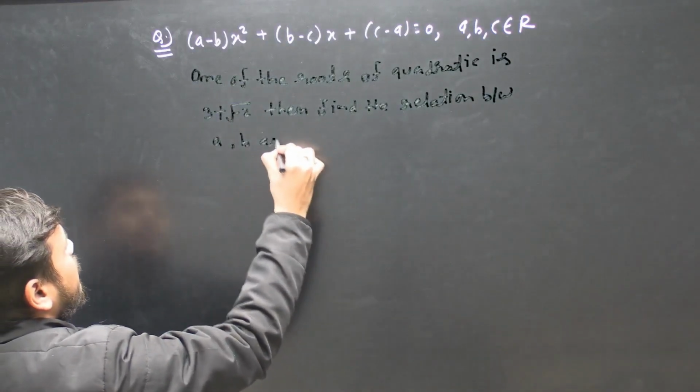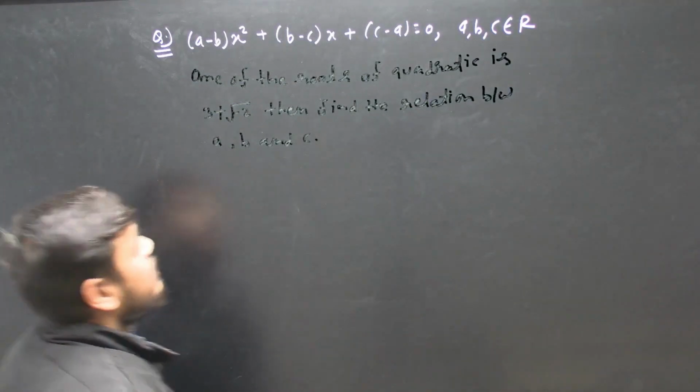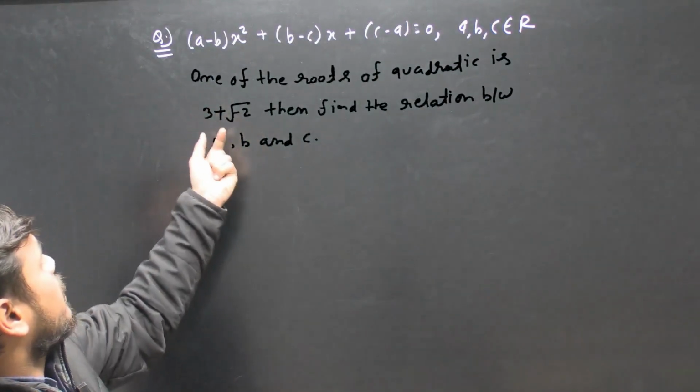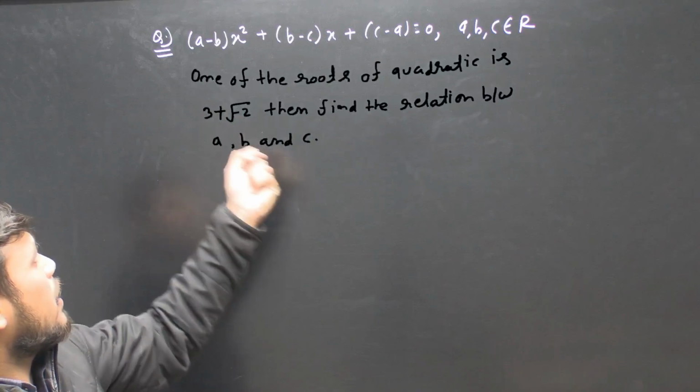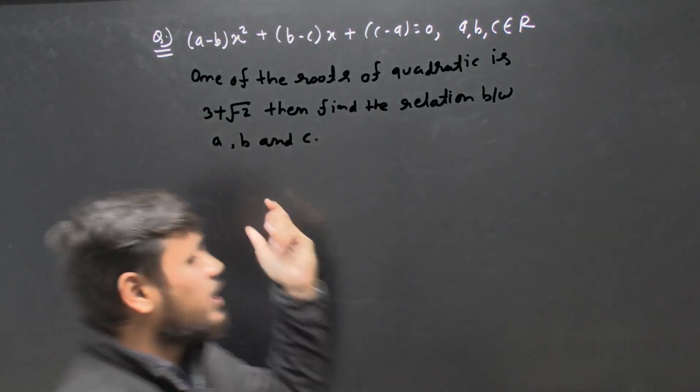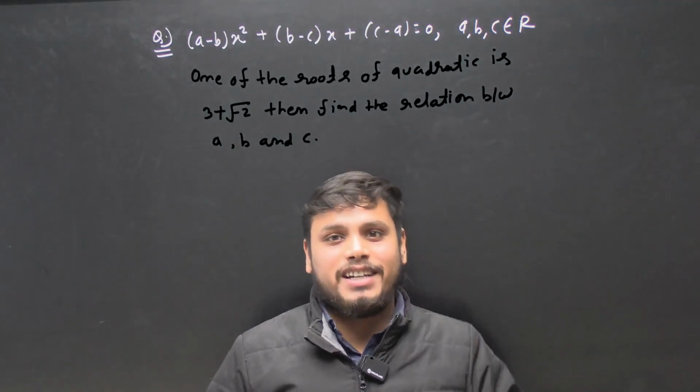Right, this is the question. The quadratic is given, one of the roots is given, that is 3 + √−2, which is 3 + 2ι. Then we need to find the relation between a, b and c.